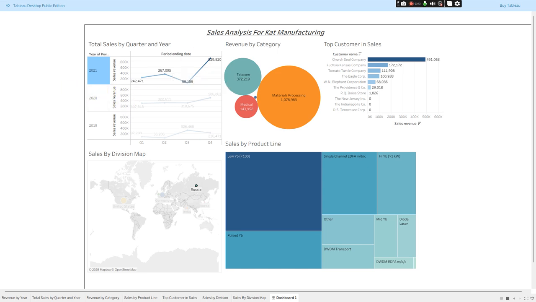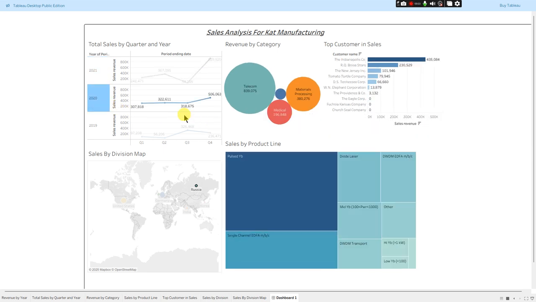The first question I'm going to answer is: what were the total sales for the third quarter of 2020? Here we'll click on 2020 and hover over quarter three of 2020, which is $318,675, the total sales revenue for quarter three. Going on to question two: what were the total sales revenues for the medical category in the second quarter of 2021?